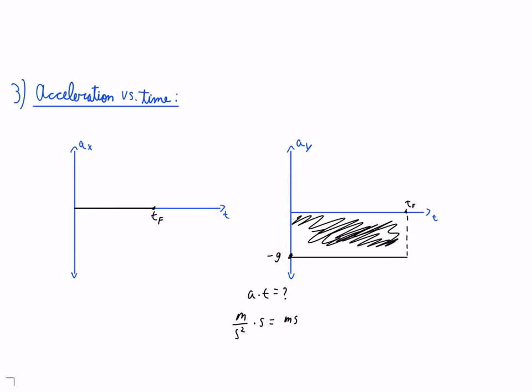Cross out one of the seconds, we just get meters per second. Therefore, the area under this graph, the area of this rectangle, would just be velocity. And that is mainly it for these graphs.